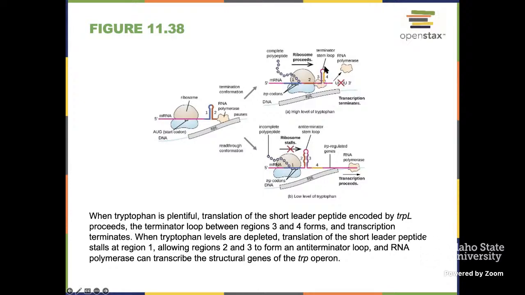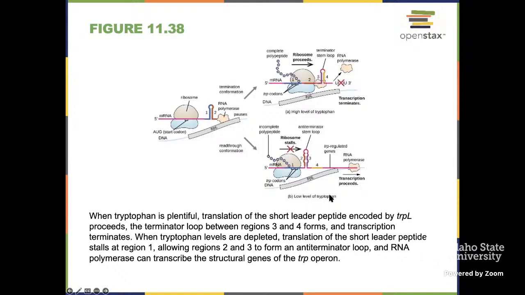We've stopped because of this terminator stem loop. The anti-terminator stem loop, which is just more confusion, allows for that to proceed through. And you see transcription proceeding, translation would be proceeding; here transcription's terminating, and translation should be terminating as well. So these two things should be flip-flopped.